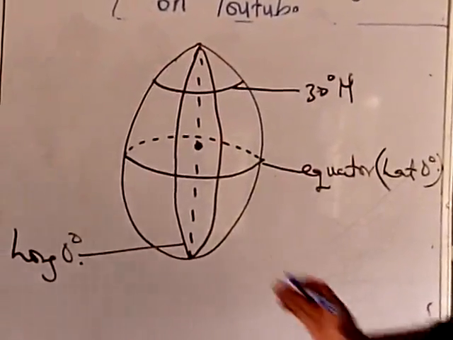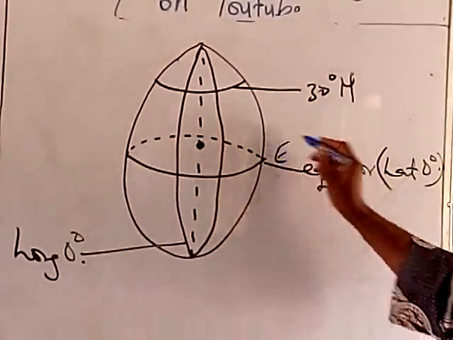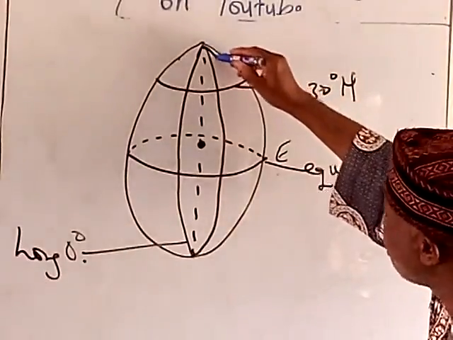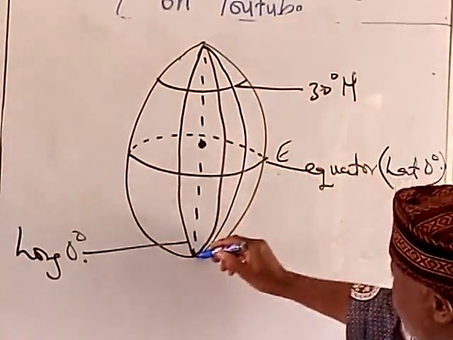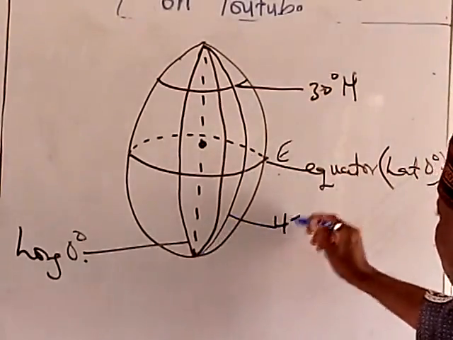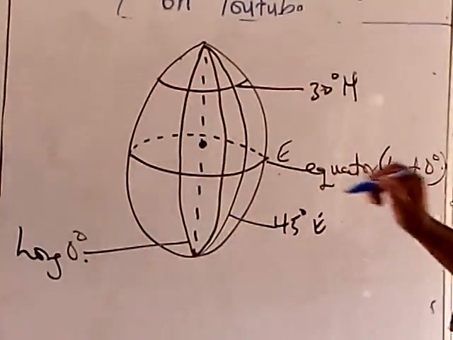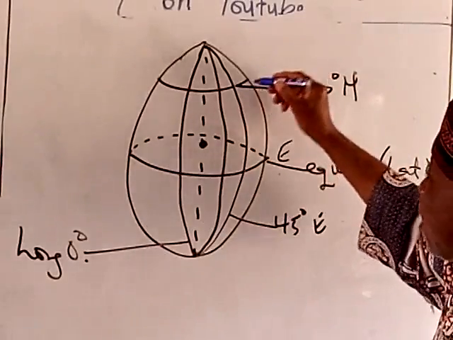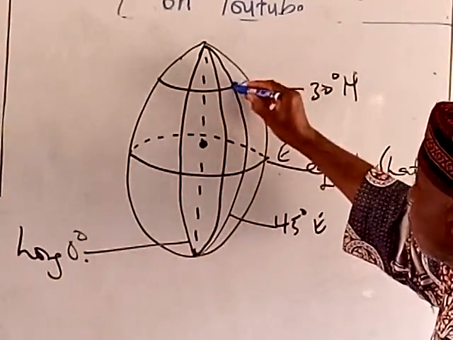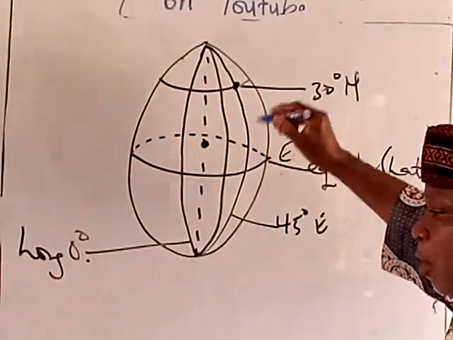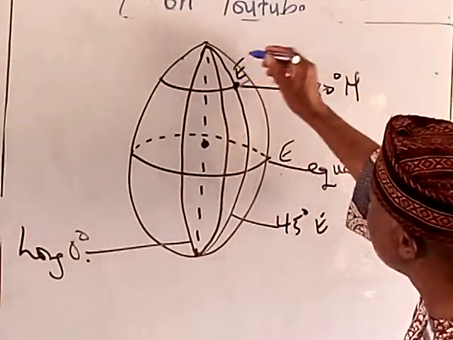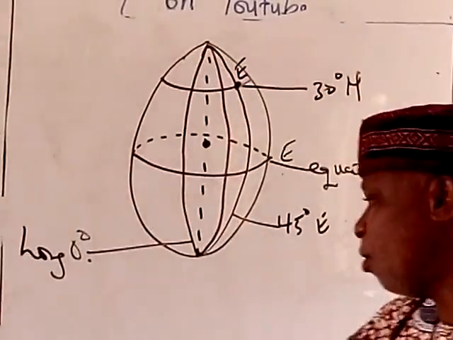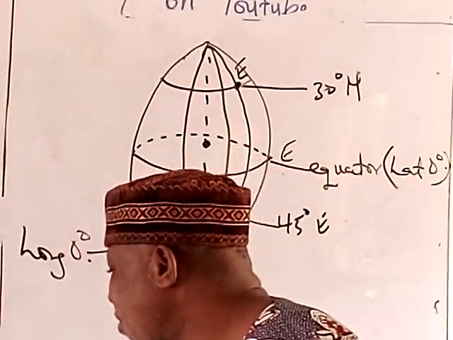45° east. You move towards this side. That's 45° east. The point of intersection of 30° north and 45° east, you have it somewhere here. That's your E. And the next one, you have 25° south.